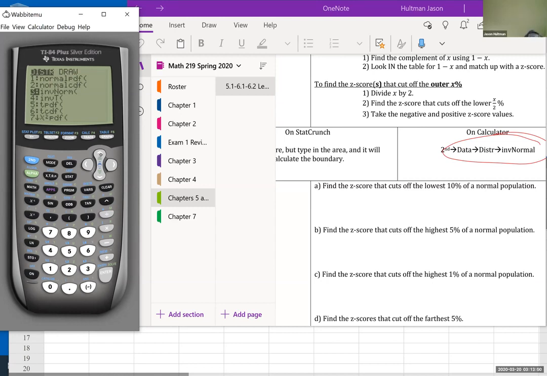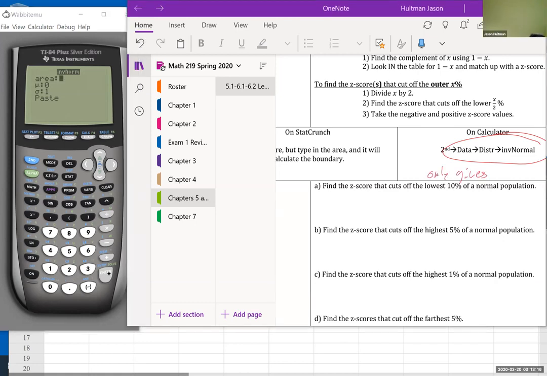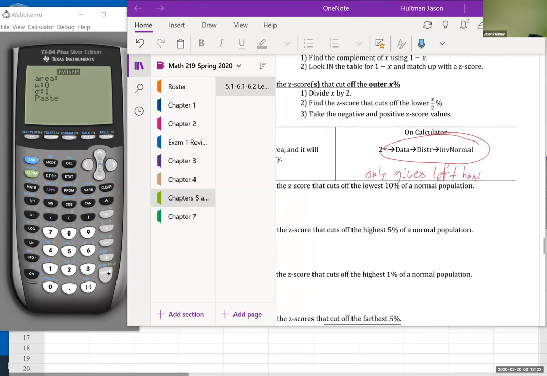Okay, and it says, what's the area we're looking at? And this will only give you left-hand z-scores.